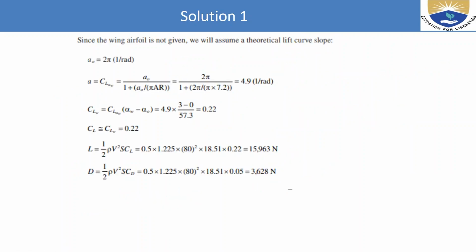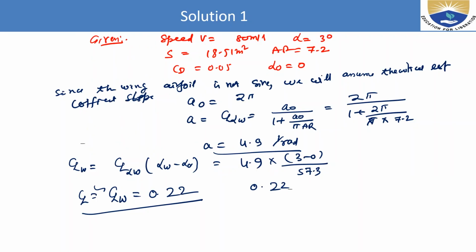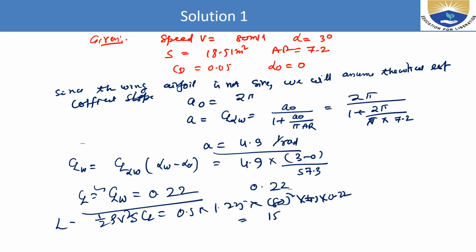Now we will see the lift. We know that lift L is equal to half rho V square S CL: 0.5 into 1.225 into 80 square into 18.51 into 0.22. You will get 15,963 Newton.